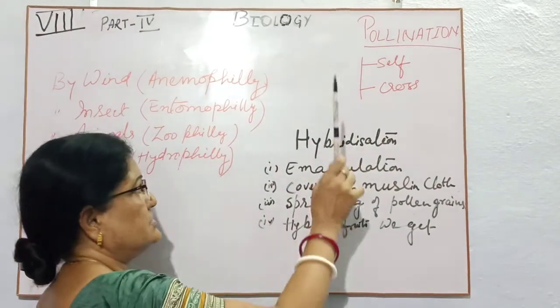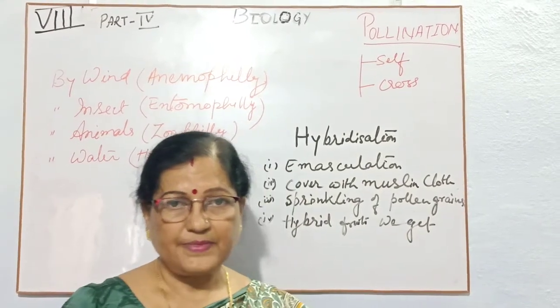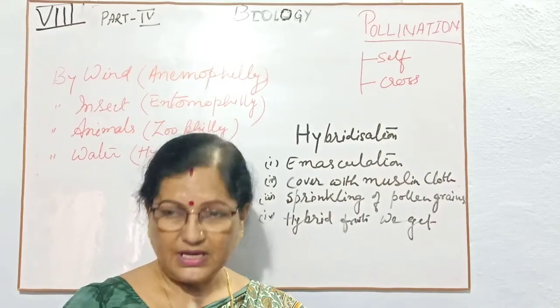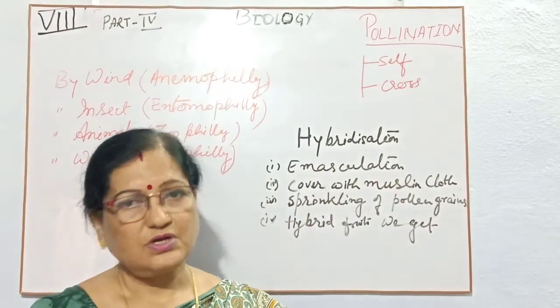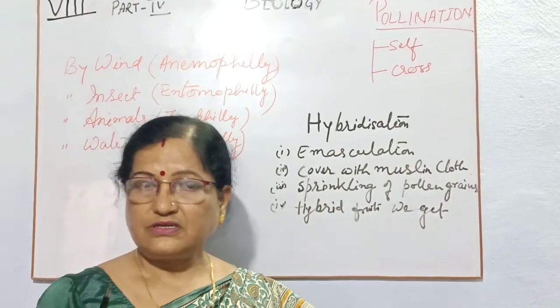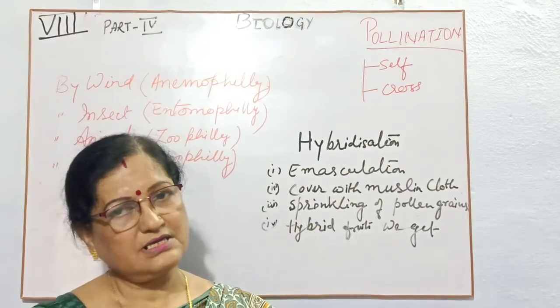Now cross-pollination, how will you define it? Cross-pollination is the process in which pollen grain of one flower goes to the stigma of another flower, which should be on a different plant, not in the same plant or the same flower.